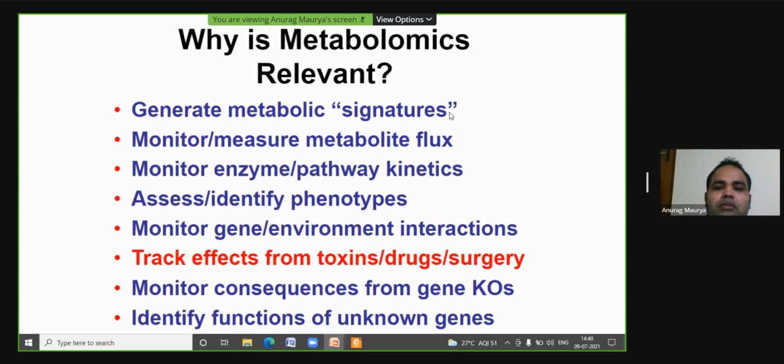But on the other hand, you can get the chemometric pattern also. Of course, it involves bioinformatics and statistical procedures. Suppose this is the control.